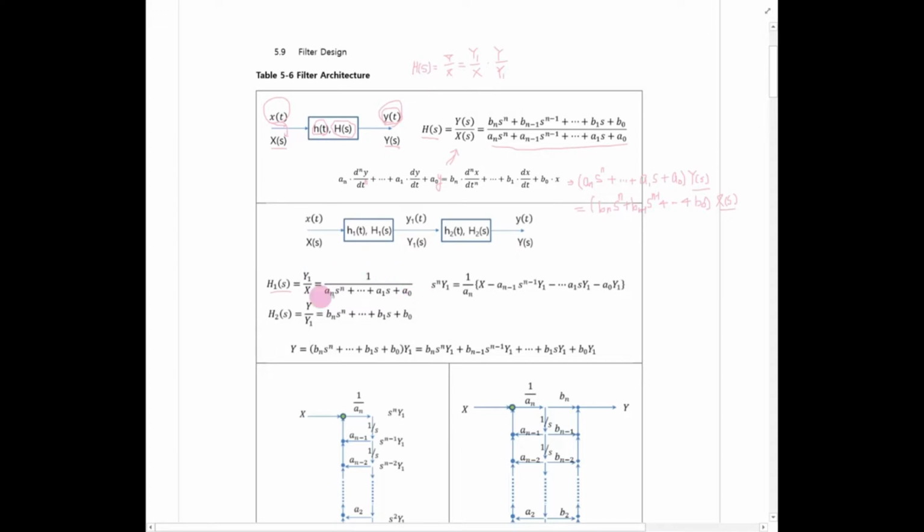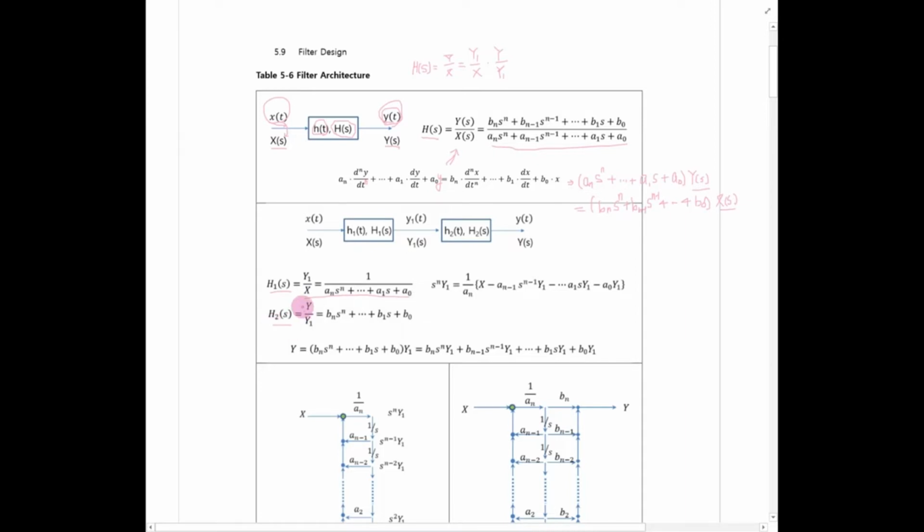What does this mean? We know that y1 over x has only poles, 1 over all the other things, like this way. Okay, and all zeros are the numerator of this one. That is defined over y over y1.